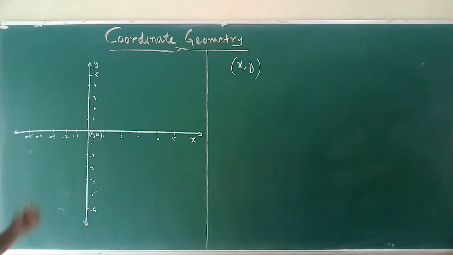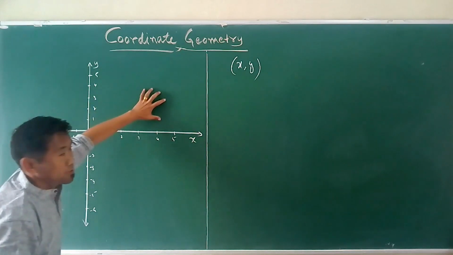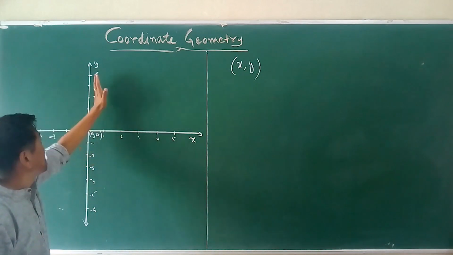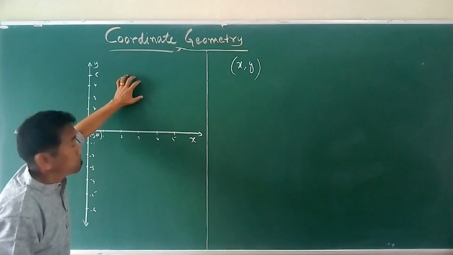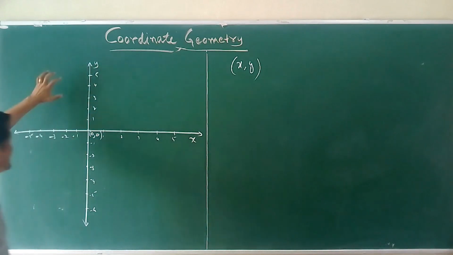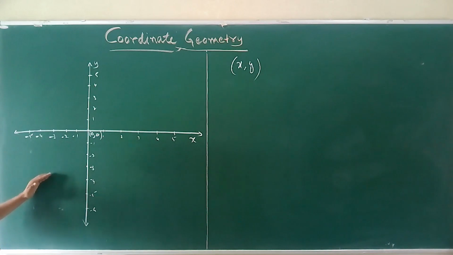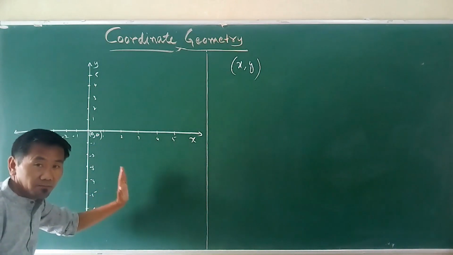So in the first quadrant, x is positive and y is also positive. In the others the signs are negative, positive; negative, negative; and positive, negative.